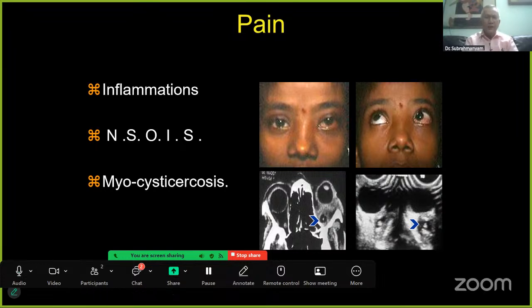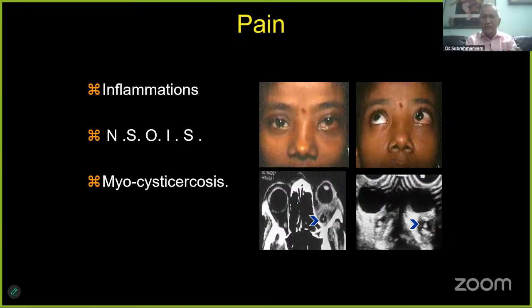For a cysticercosis, my routine is I ask for a CT scan, because number one, it establishes the diagnosis. Number two, it tells whether the brain is also affected or not. If it is a neurocysticercosis involving the brain with a couple of cysts in the brain, I refer the patient to a neurologist for albendazole treatment, because occasionally the patient may go into convulsions.